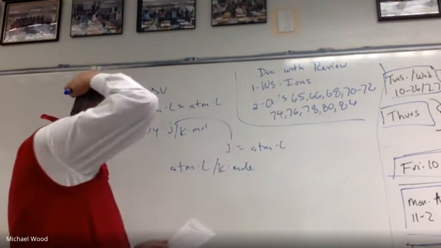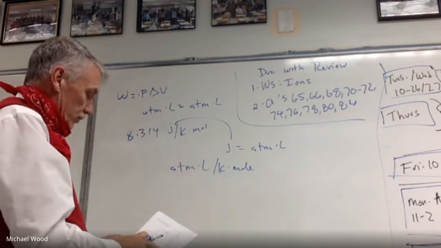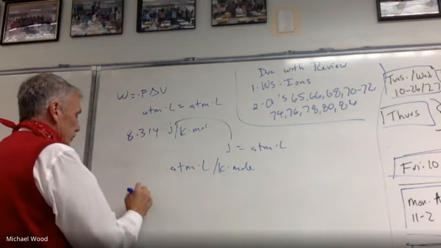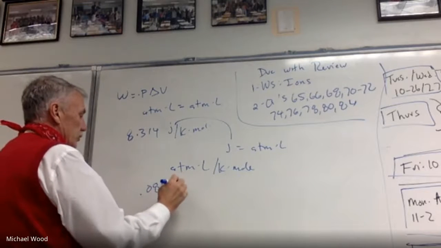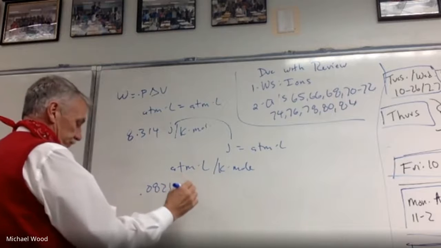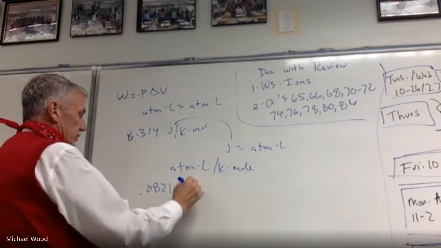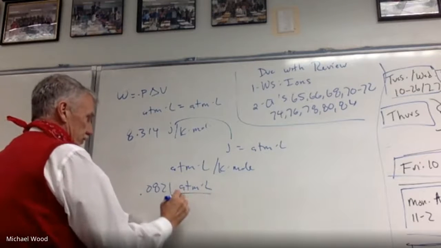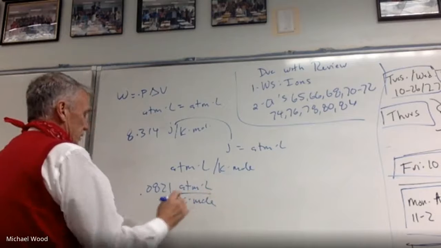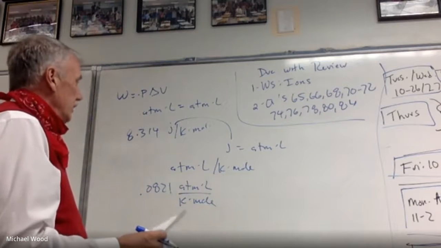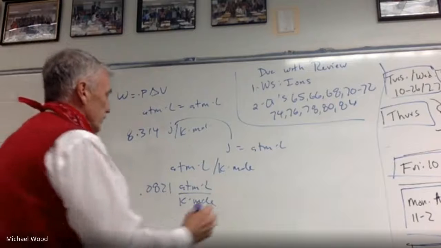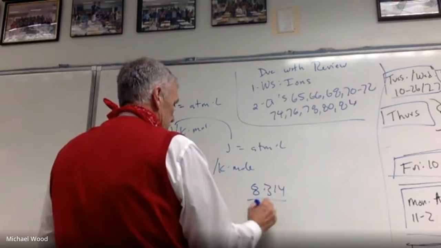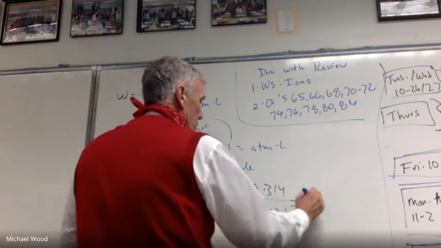But if I look at the numbers, 8.314 compared to 0.0821, which is atmosphere liters over Kelvin mole, and I divide those two, 8.314 over 0.0821, I get 101.3.